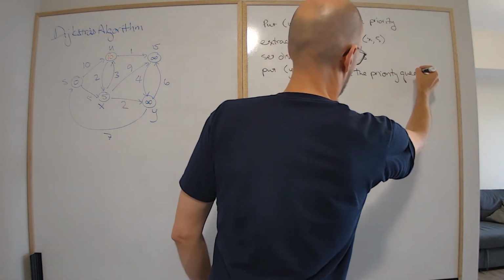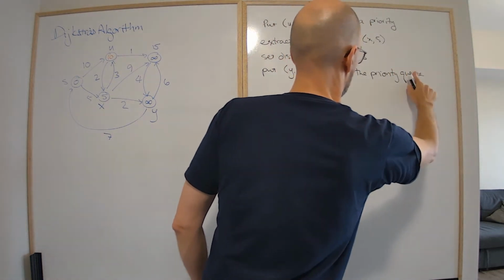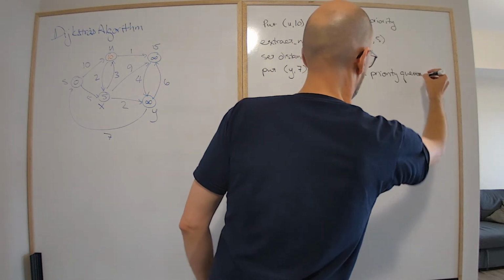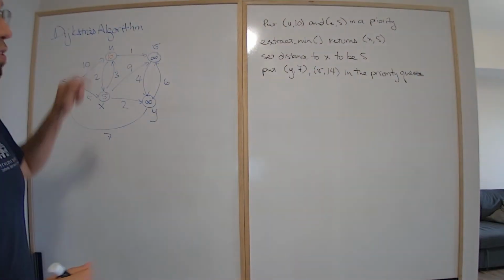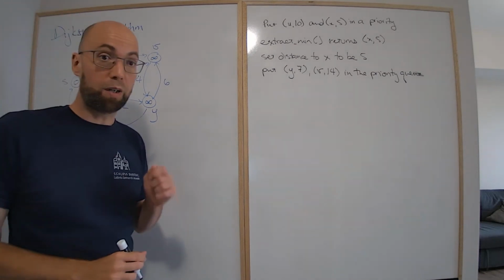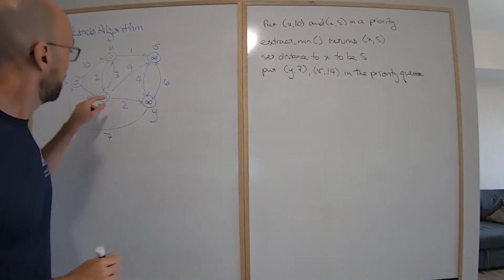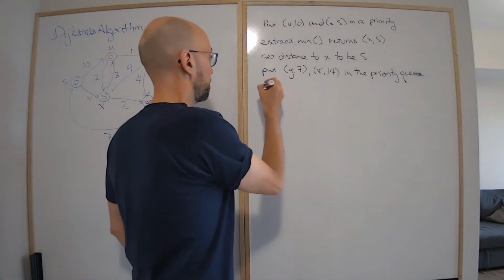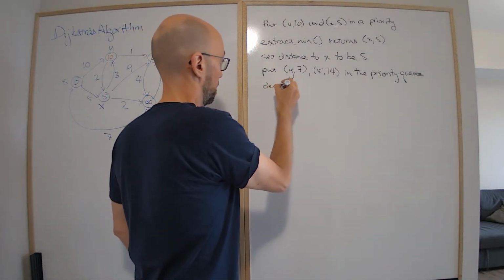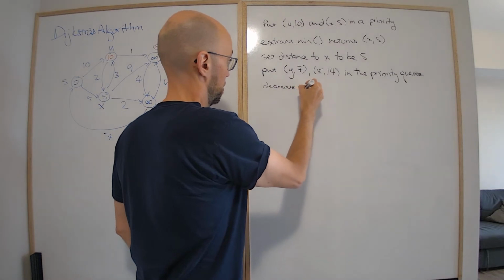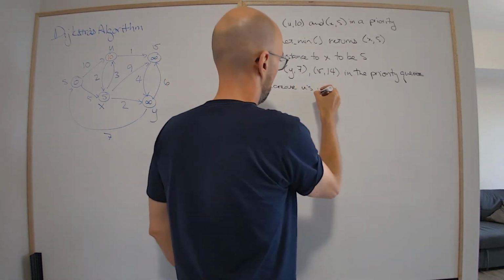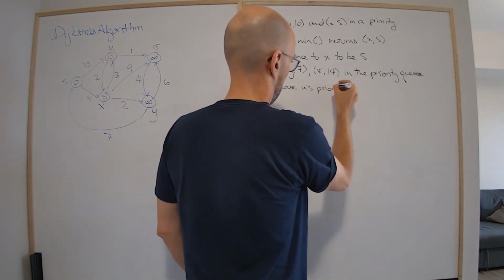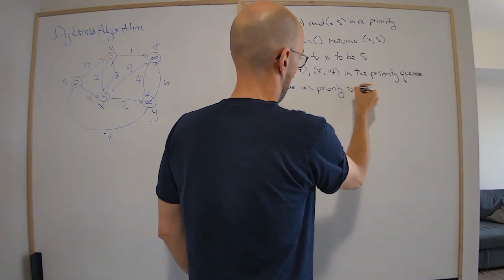Now, U is already in the priority queue with priority 10, but now you can get to it earlier than 10, so you decrease U's priority to 8.